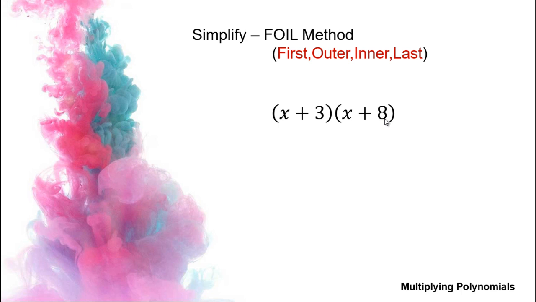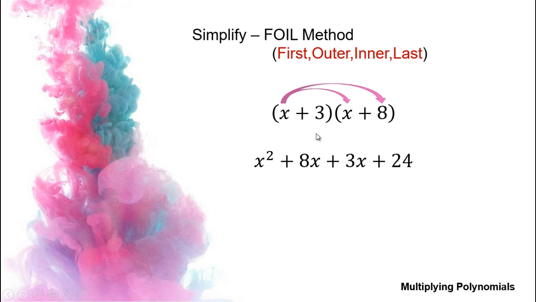The last terms are the second terms of each polynomial. So, let's try. What we are going to do is, first terms. x times x is x squared. Next, we have the outer terms. x times 8 is 8x. When you multiply a variable and a number, always write the number before the letter.